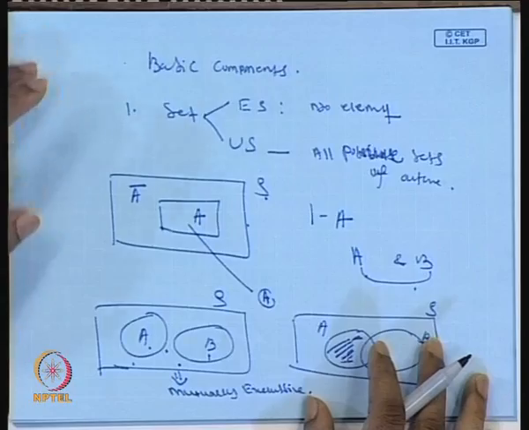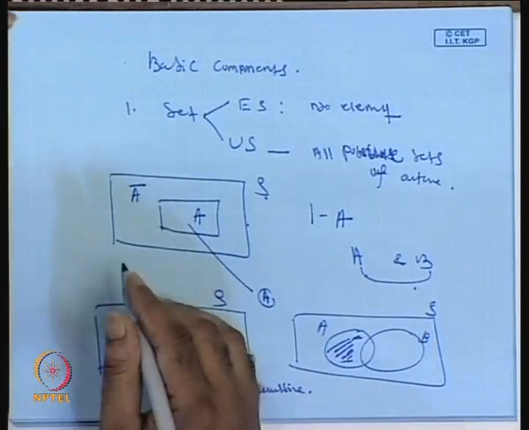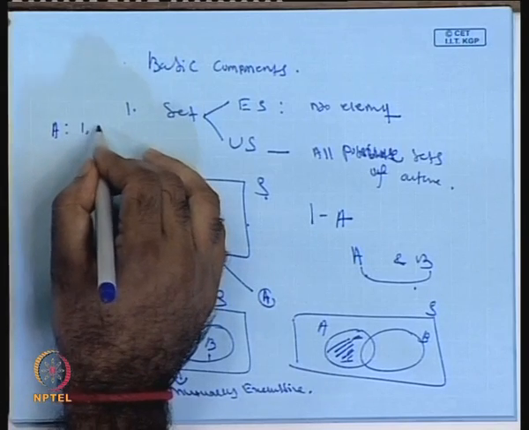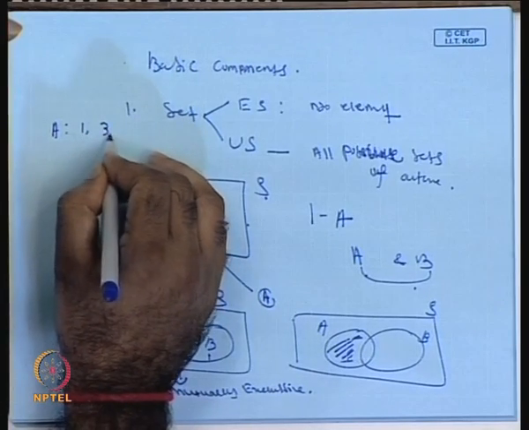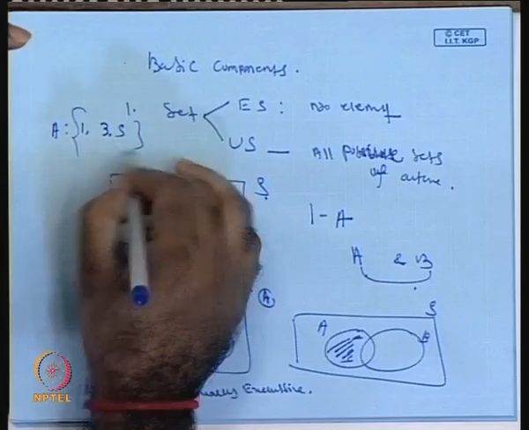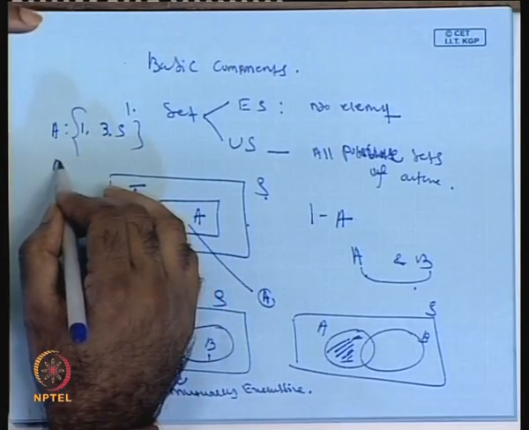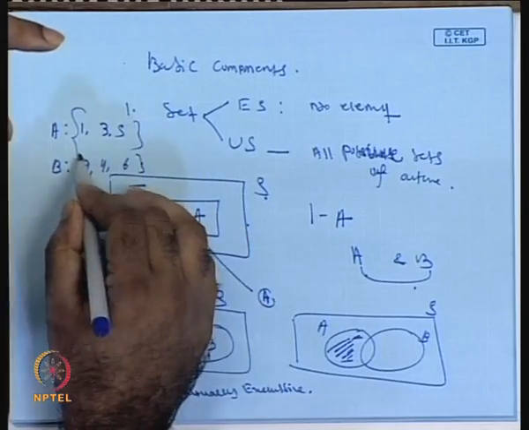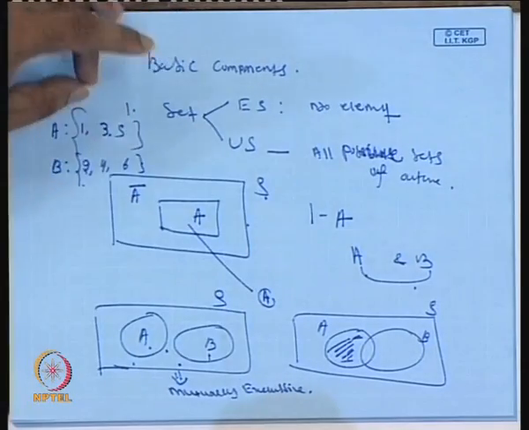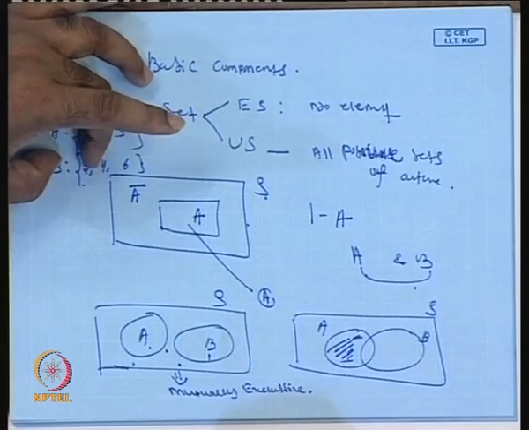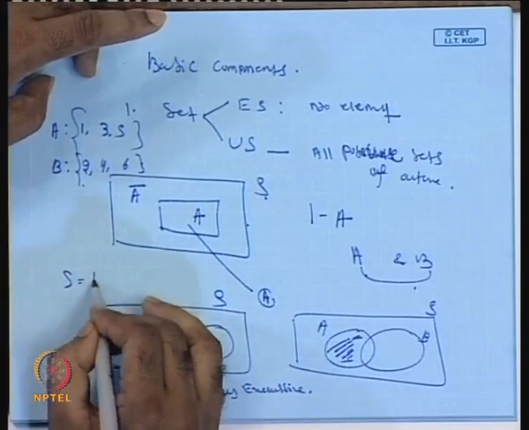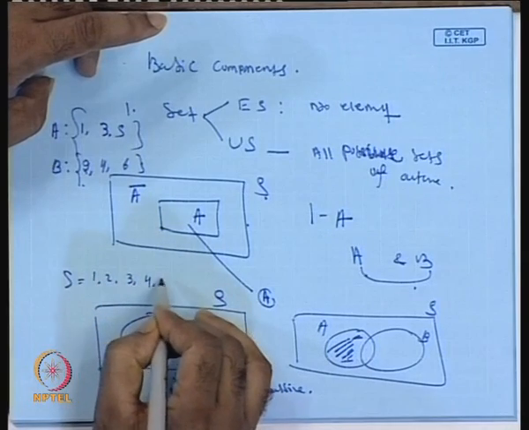For instance, I will take an example here. Take A equal to 1, 3, 5. This is the set of odd numbers. Then I will take another case, B equal to 2, 4 and 6. This is the set of even numbers. So, this is event A and this is event B, and S equals 1, 2, 3, 4, 5 and 6.